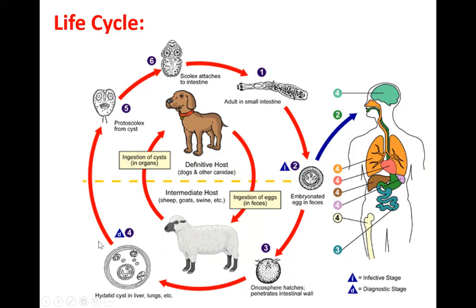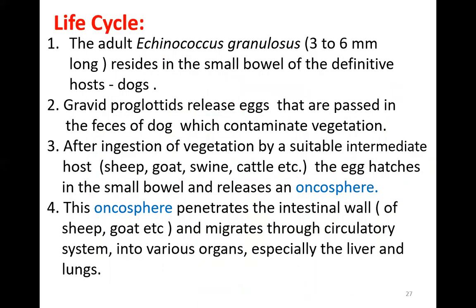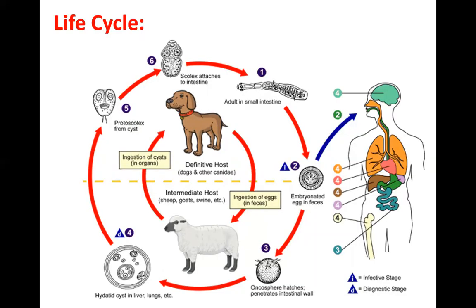Now, the dog becomes infected by eating these organs of the intermediate host, sheep and goat. The liver and lungs, harboring these hydatid cysts, are eaten by the dog, and in the intestine of the dog, protoscolices are released from these cysts.